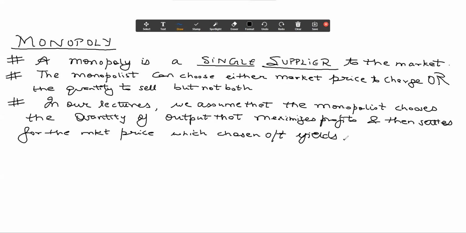Now, before getting deep into the model, let's first understand how a monopoly is created. That's the next thing for us. This is called barriers to entry.